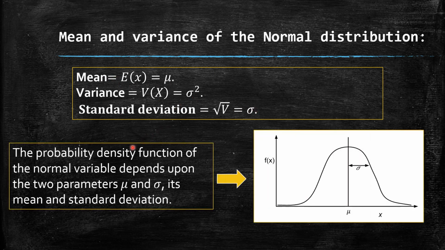The probability density function of a normal variable depends upon two parameters, mu and sigma, its mean and standard deviation. And we also know that the graph is nothing but the bell-shaped curve, known as the normal curve.